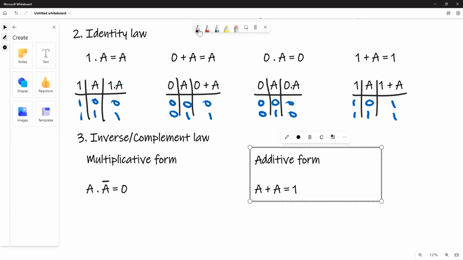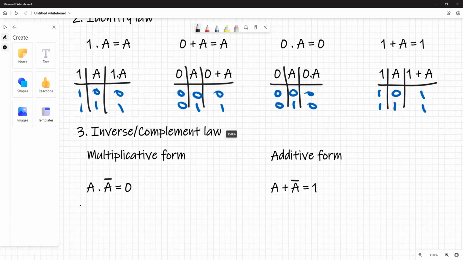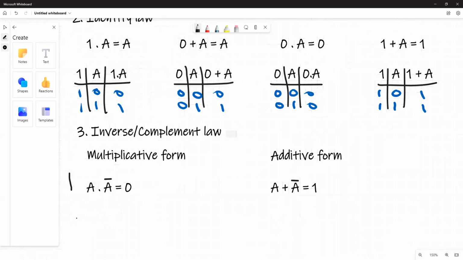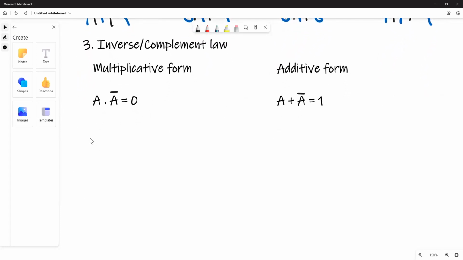That means when you take a variable and add its complement, you always get 1. Right. Can you draw a truth table for these two and share with me?